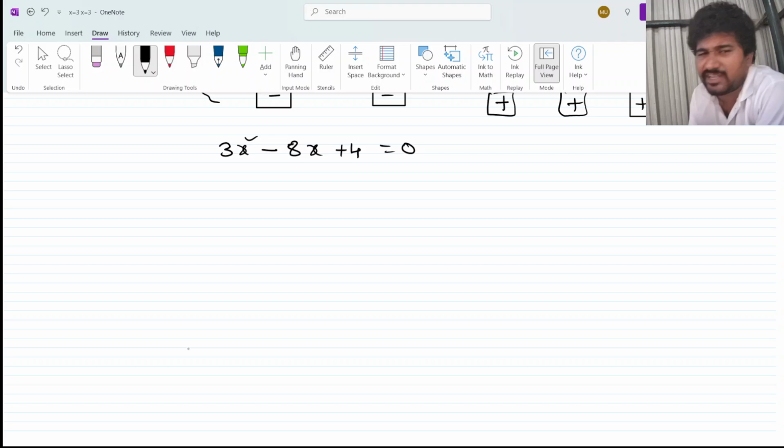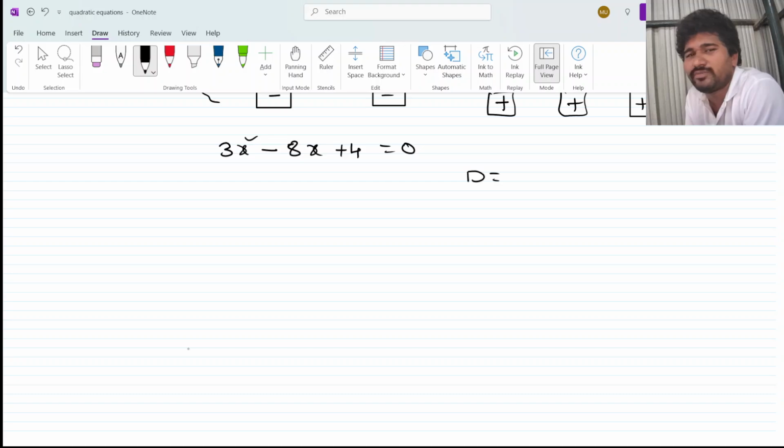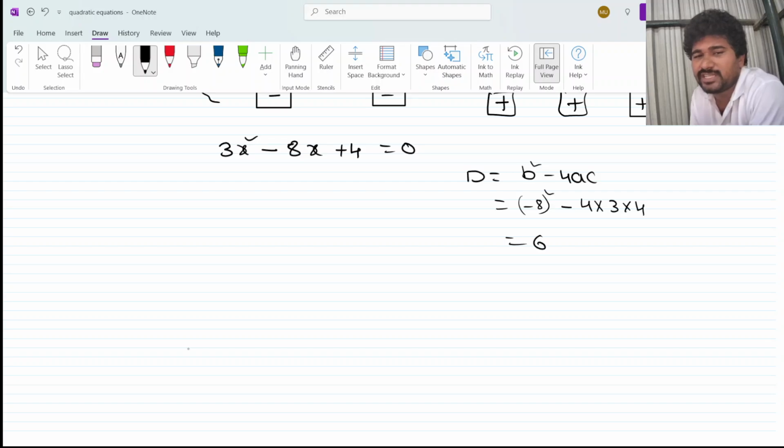First find D. What will D be? b square minus 4ac: minus 8 whole square minus 4 into 3 into 4, 64 minus 48.